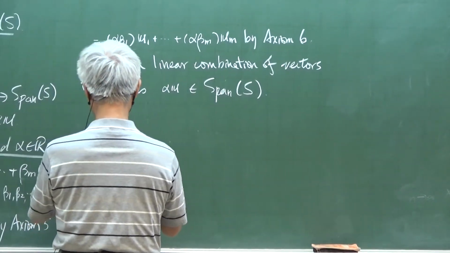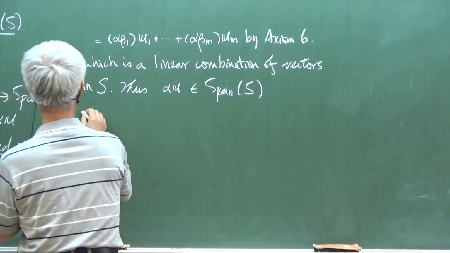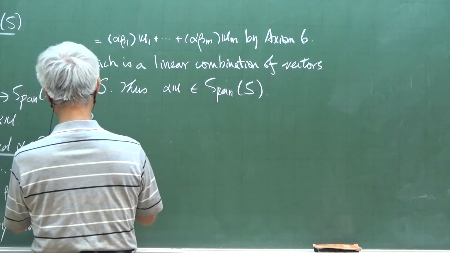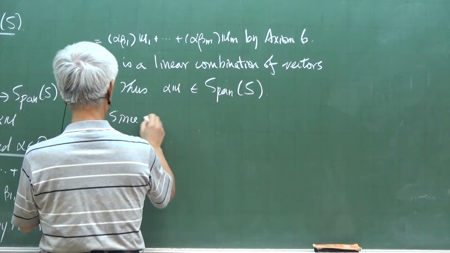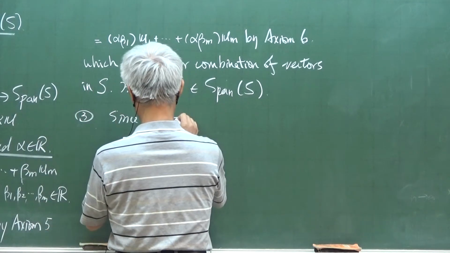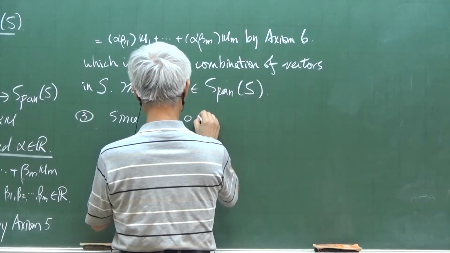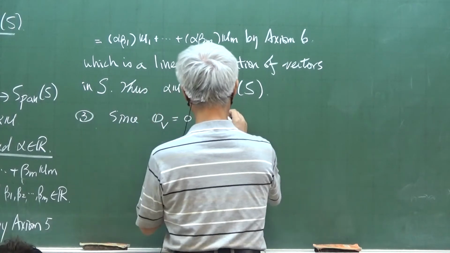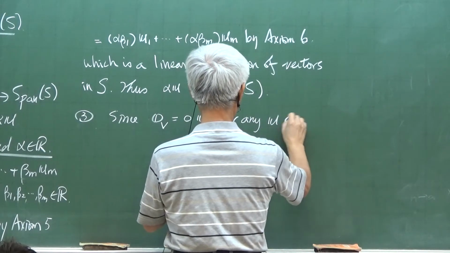All right, so the third part: since 0_V is equal to 0 times u for any u in S. Okay?